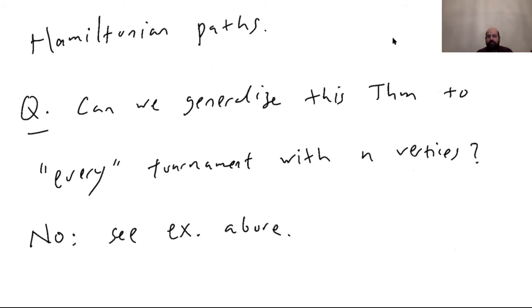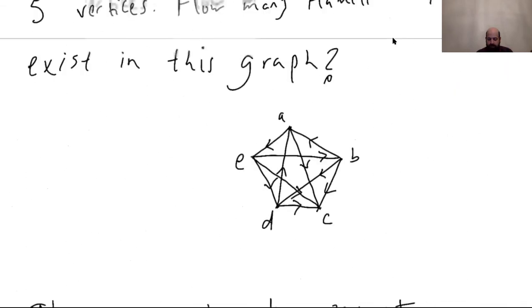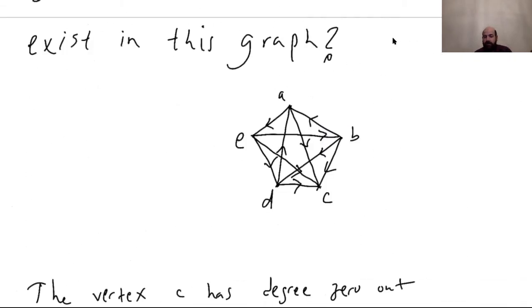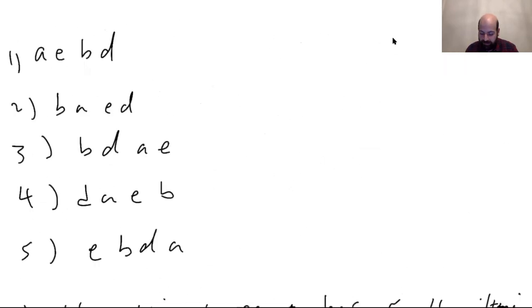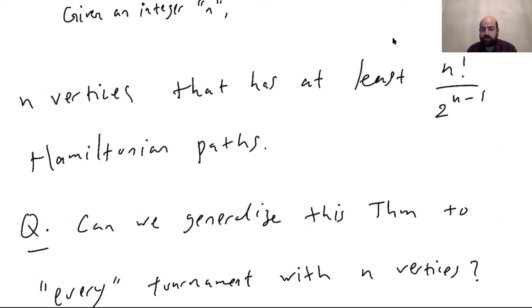What did we prove just a few minutes ago? Let me explain this to you. We just provided an example of a tournament with 5 vertices that has exactly 5 Hamiltonian paths. But if n is 5, n factorial over 2 to the power n minus 1 will be bigger than even 7.